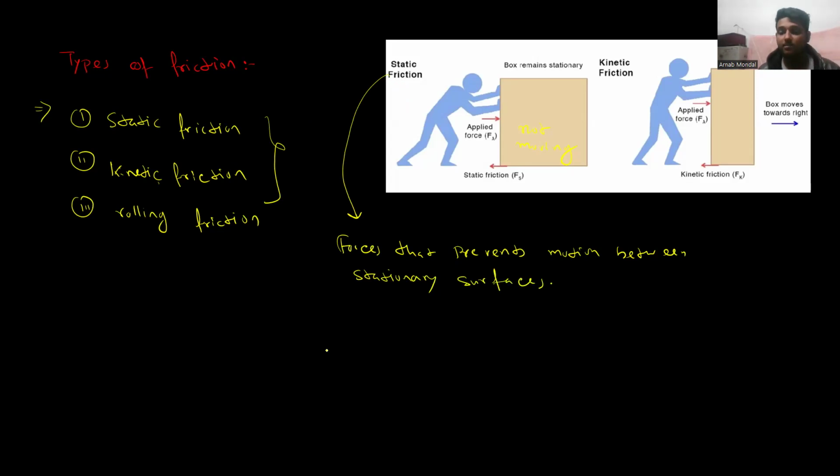Then what is kinetic friction? Kinetic friction is a type of frictional force that acts between moving surfaces, like when the object is moving. Now, how can I say that the object is moving? As we can see in the diagram, the object and the ground are in relative motion, meaning the object is moving towards the right.